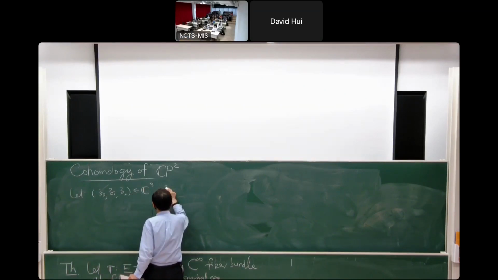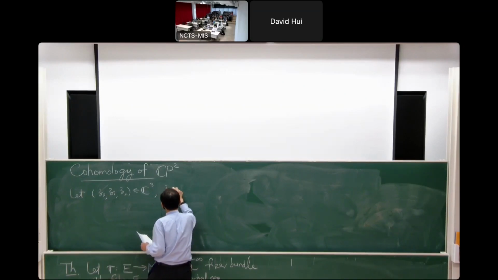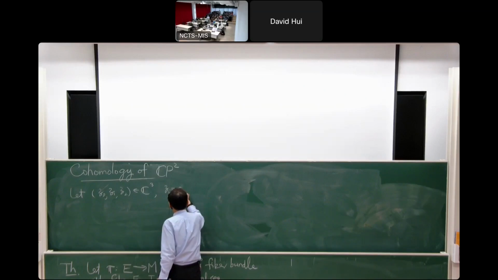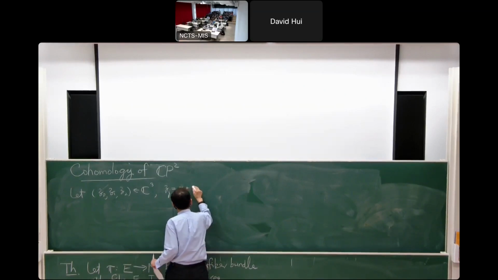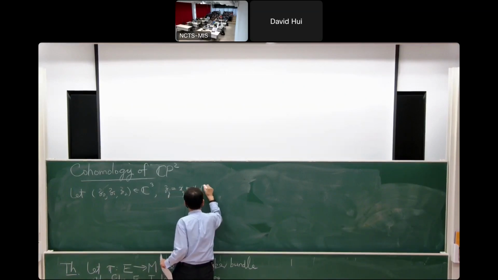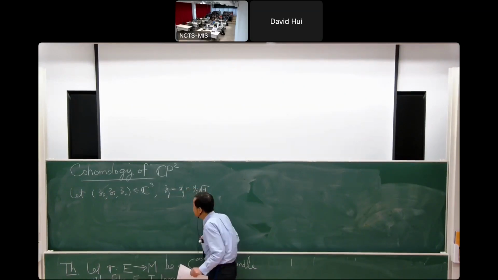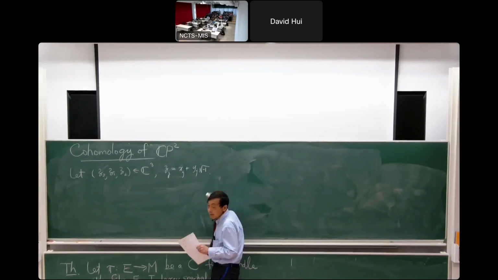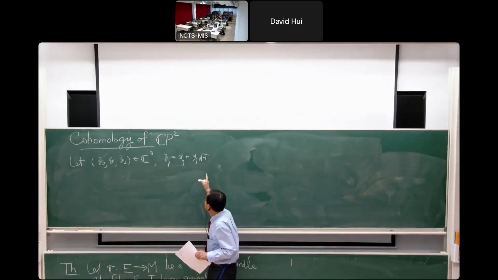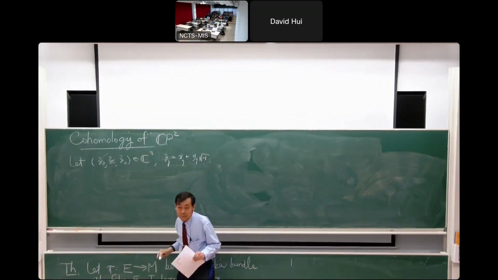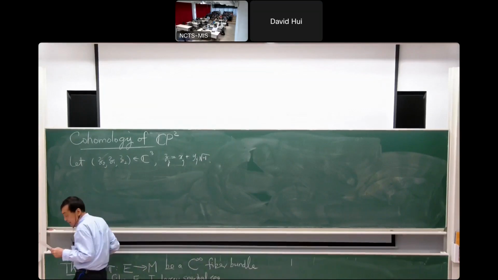Each of these z_j is x_j plus y_j times the square root of -1. I don't want to write i, because we often use i for subscripts.